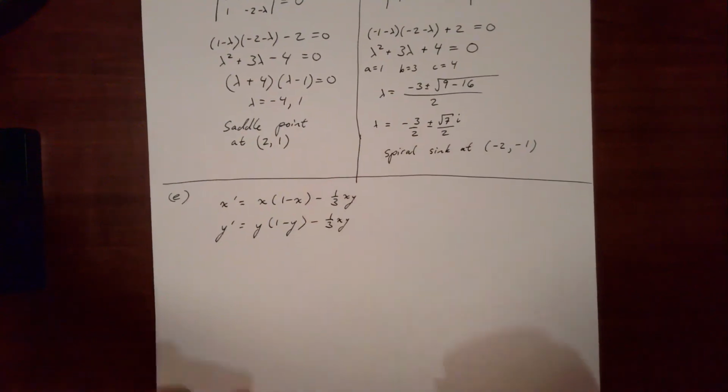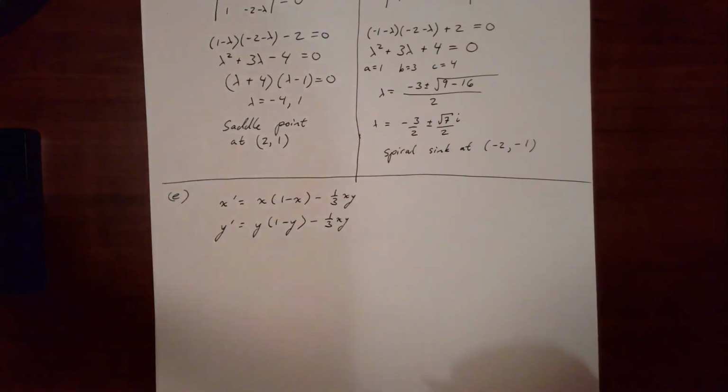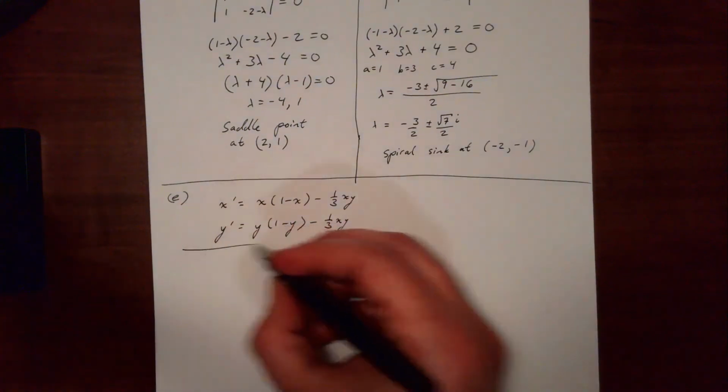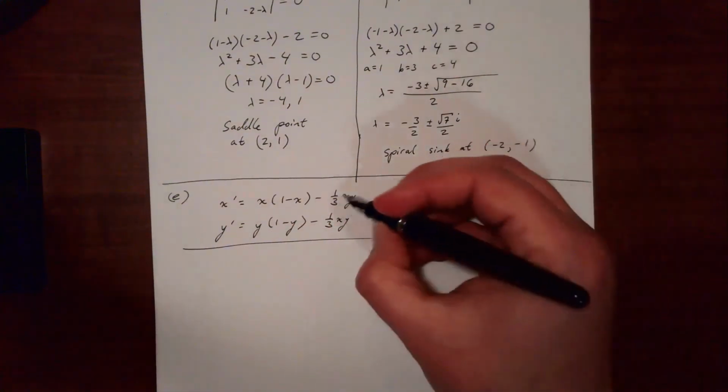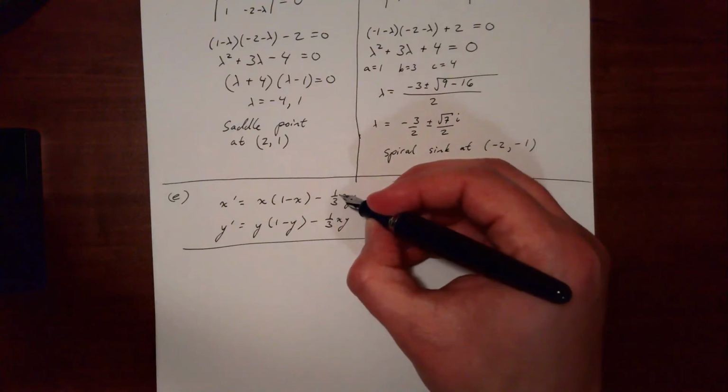And if you remember what this means, it's two species that in isolation would just have a logistic growth model, but which are negatively impacted by their interactions with the other species, but weakly so. This number here determines whether the interactions are weak or strong.